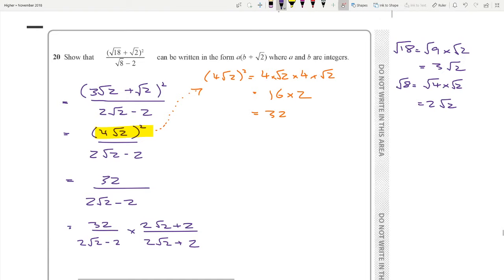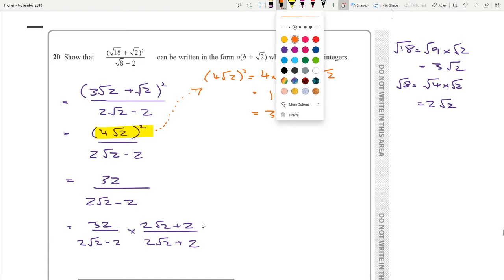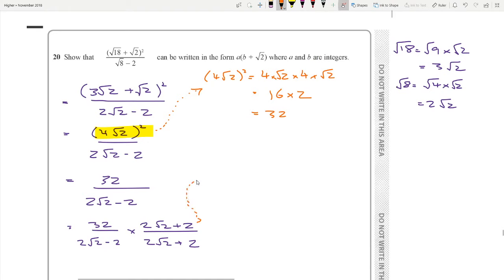Again, I'll do some more working out just on the side, just to keep it a bit separate. So let's do the numerators first. We want to do 32 multiplied by 2 root 2 add 2. So let's do 32 multiplied by 2 root 2 first.